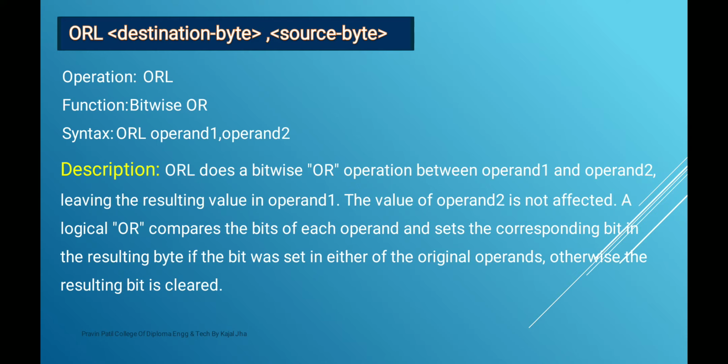For example, if the accumulator contains C3H and R0 contains 55H, then the instruction ORL A, R0 stores the result D7H. If you do that on your PC, you get the result D7H in the accumulator. Here after the ORL execution, no flags are affected.